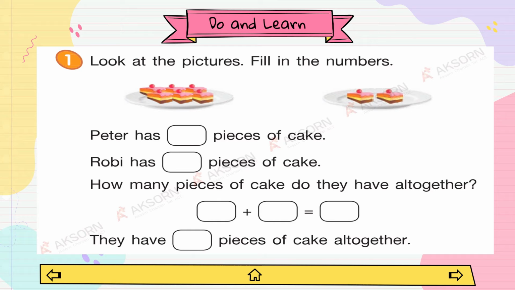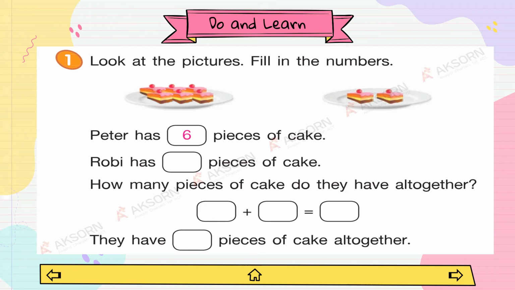So here is example number 1. Look at the pictures and fill in the numbers. In the first plate, Peter has blank pieces of cake. How many pieces of cake does Peter have? We have 6. Robbie has blank pieces of cake.